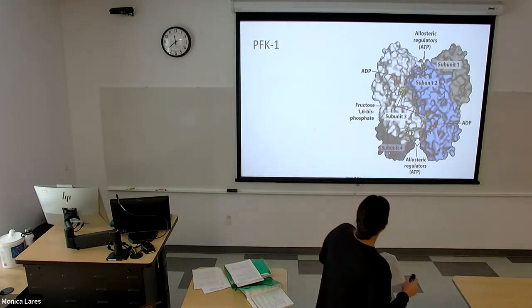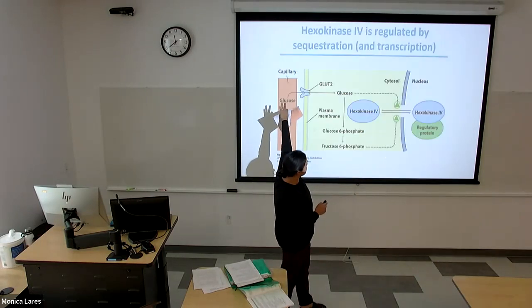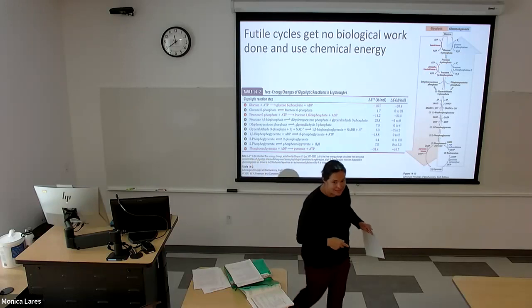Remember, PFK1, phosphofructokinase 1, is this reaction here. It takes the fructose 6-phosphate and ATP, those are the reactants, right? And makes fructose 1,6-bisphosphate and technically ADP. Those are the products. So this is the reaction that PFK1 catalyzes.